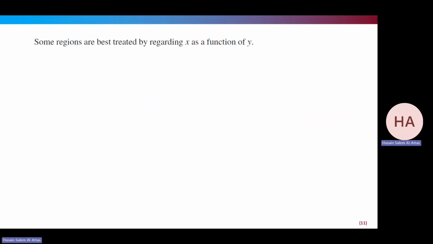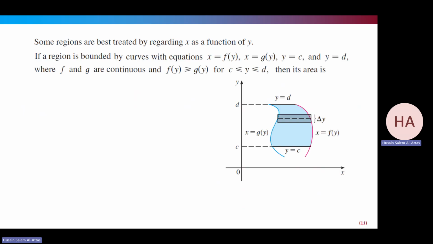Okay. Some regions are best treated by dealing with x as a function of y, not y as a function of x. Yeah, we can do this. So do the integration, like I'm doing the strip, like I'm doing this.